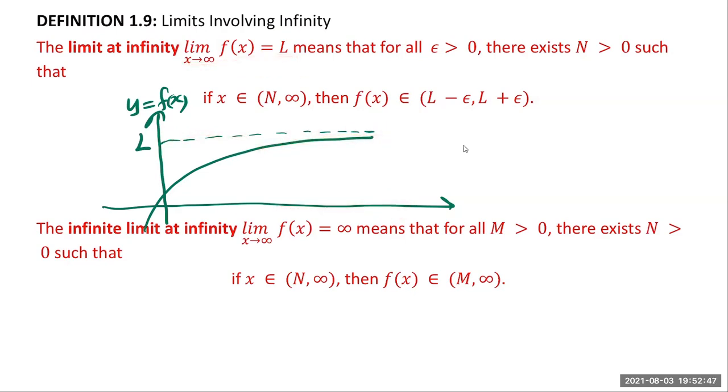What does this mean? That means for all epsilon greater than 0, there exists N greater than 0 such that if you choose your x in this interval (N, infinity), then your f of x should land between L minus epsilon and L plus epsilon. Okay, let's draw L plus epsilon and L minus epsilon here.